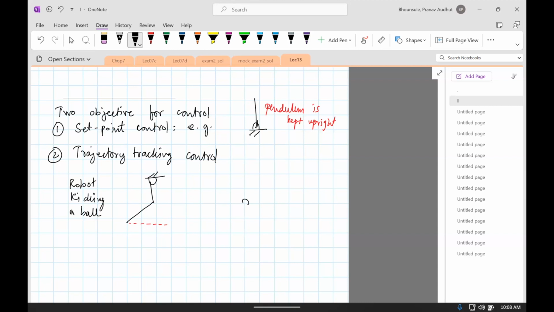Another one is an example we've done before, which is you have a manipulator and you want it to track a circle or some curve. Track a circle.